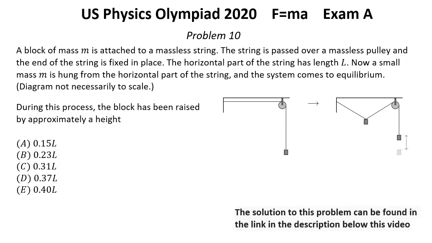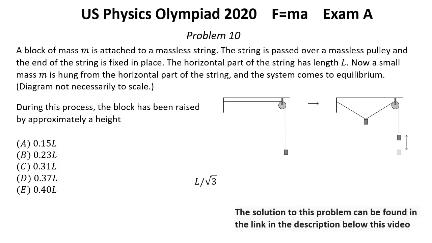This also implies the mass must be placed at the middle of the horizontal section. Hence, the horizontal section of a string, originally of length L, becomes two tilted sections, each with a length L over square root of 3.